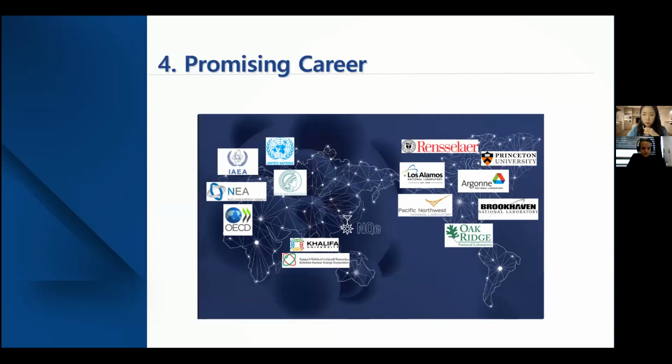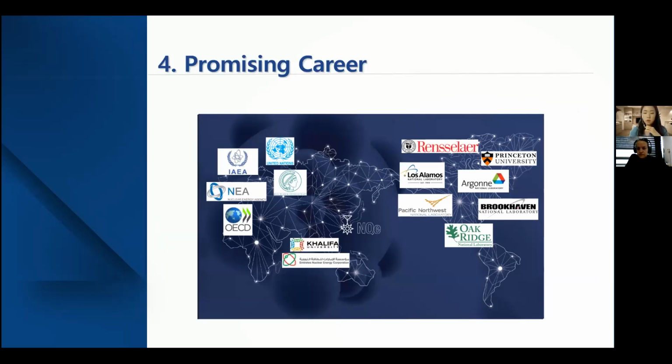And last but not least, we have a promising career ahead of us. This is not limited to jobs in Korea. There are career opportunities literally all over the world, given the specialty of our field. Studying and researching in NQE and KAIST places you in a good position to work anywhere in the world.